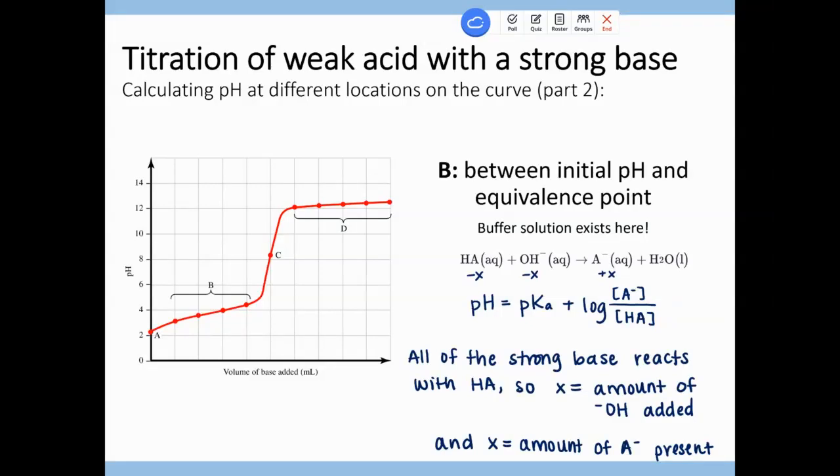Okay, so X is amount of OH minus added. We're assuming that you'd be able to know what that amount is because you can read the burette.